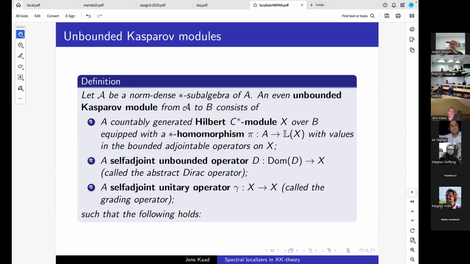You can play with this a lot, but it's maybe more interesting to do it in the setting where you have spectral triples on the coefficient C-star algebras, but you don't have any spectral triples on the algebra curly A. There are many examples of this situation.